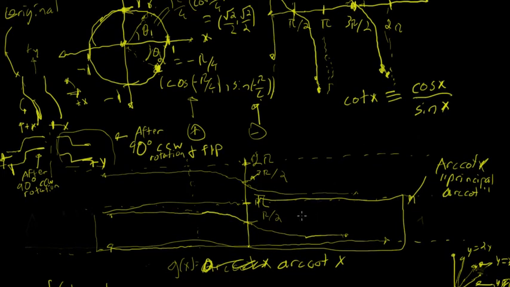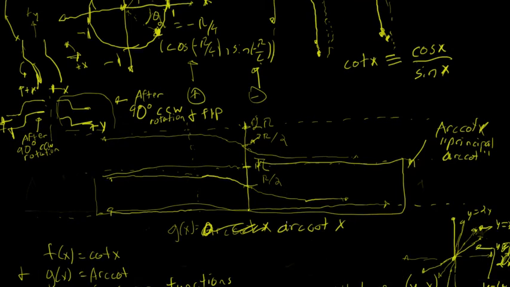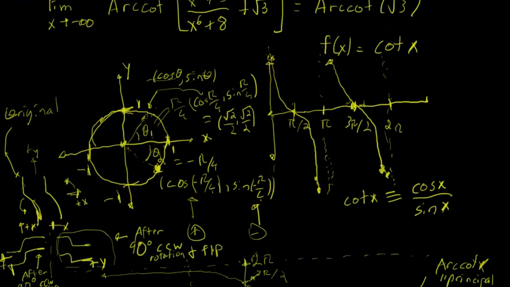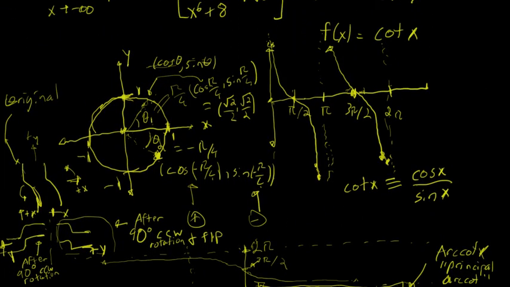Well, looking at this graph, what is the angle between 0 and pi where the cotangent is root 3?